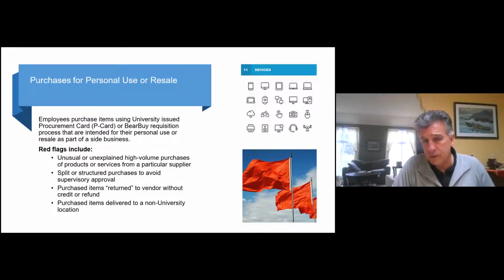And we'll have a good case study on this we'll talk about later, but red flags for this might include unusual or unexplained high volume purchases of products or services from a particular supplier, split or structured purchases that are done to avoid supervisory approval, which is that $500 limit we talked about earlier, purchased items that are returned to the vendor, but credit or a refund is not issued back to UCSF, and also purchased items that are delivered to a non-UCSF location.